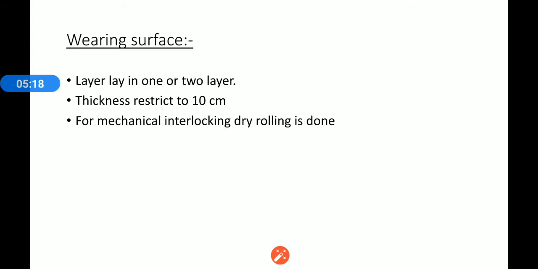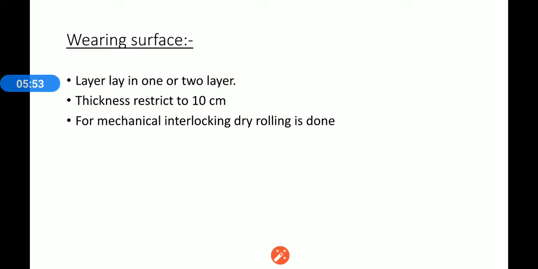Next step, the last one, is wearing surface. This layer is laid in one or two layers. The thickness of loose material in each layer is restricted to 10 cm. The measured quantity of coarse aggregate is spread over a specified length of road between two templates. Dry mechanical interlocking.